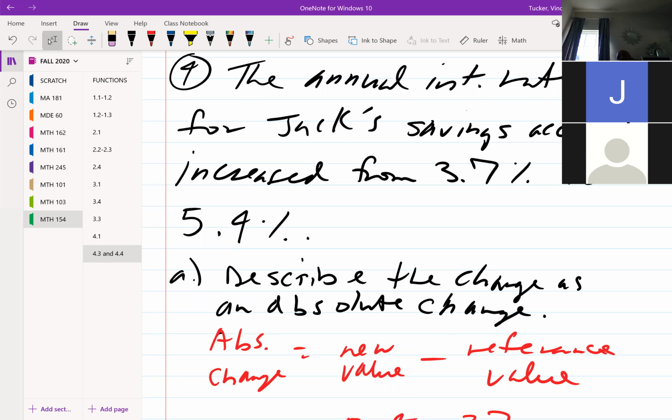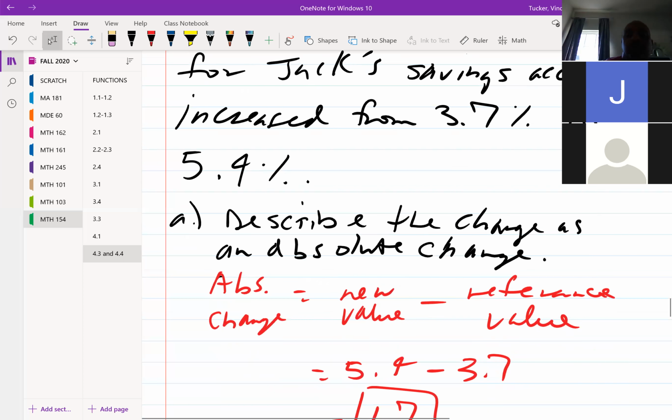First question, describe the change as an absolute change. This is very similar to what we've done up to this point.